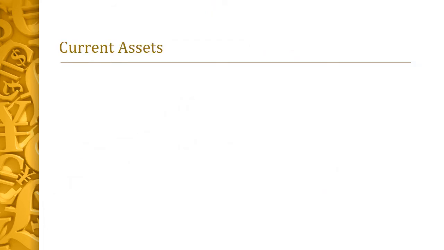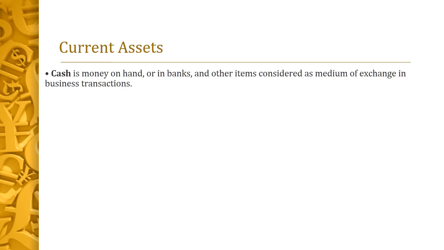There are several account titles that we use for asset accounts, and we're going to be naming some of the common ones. The first one is cash. Cash is money on hand or in banks and other items considered as medium of exchange in business transactions.